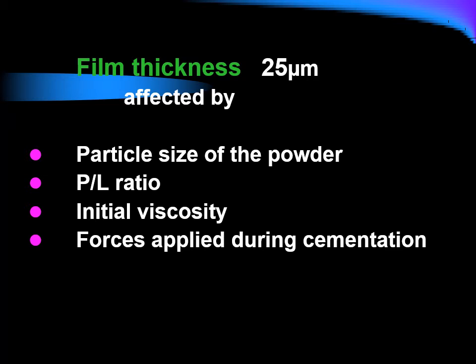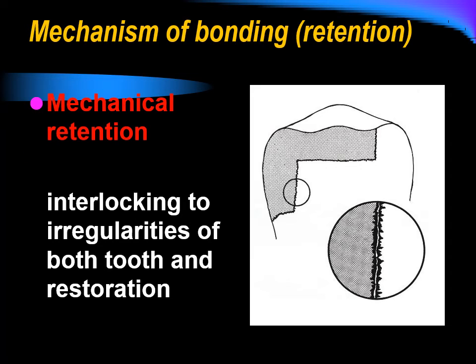If the force of cementation is reduced, there will not be enough wetting of the cement, so it will not spread well over the tooth and the restoration, and the film thickness will increase, which accelerates the failure of the restoration during service.